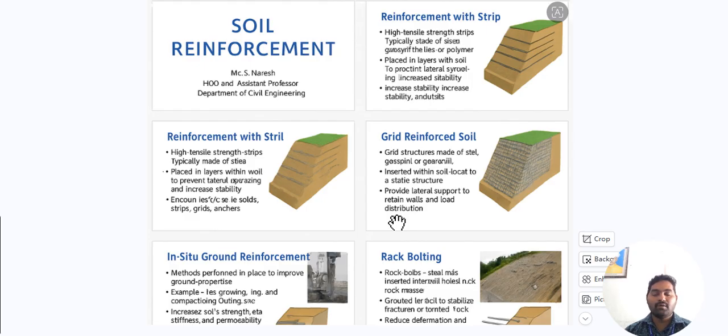Then we introduce capping material into the drilled hole, and then we introduce the reinforcement and fix it with the core material, so that it will give more strength. So even if there is heavy rain, next time it is not going to cause that much disaster here.